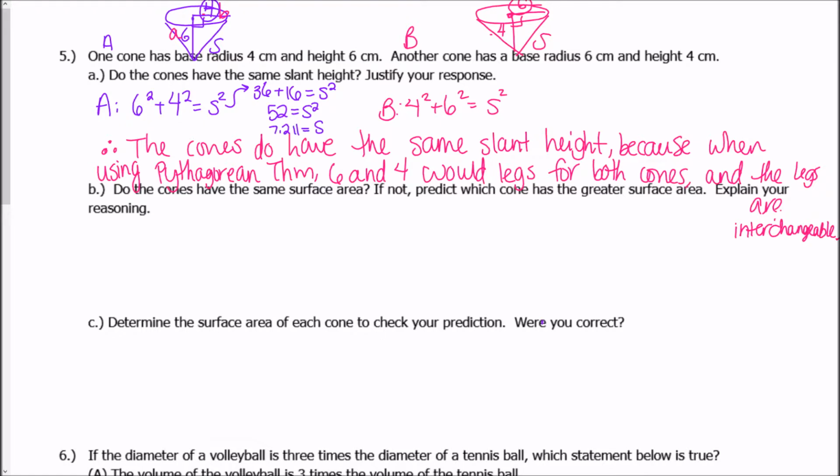Now let's do the same thing right here. So this would be 16 plus 36 equals S squared. Well, we end up getting 52 equals S squared, which means that S is approximately 7.211.